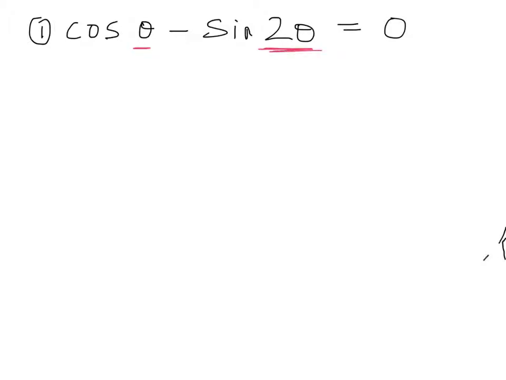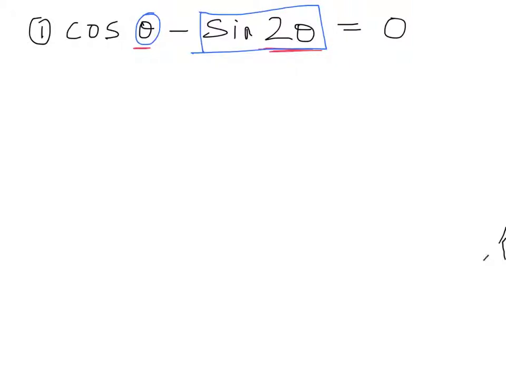For you to be able to solve this problem the way we have been, they both need to involve theta, not 2 theta. So what you're going to do is take the function that has the 2 theta in it and replace it using one of the double angle formulas.